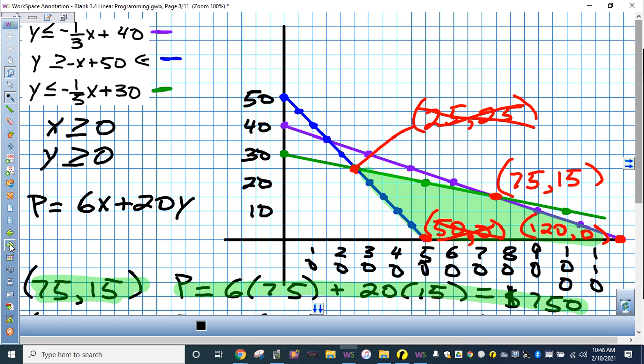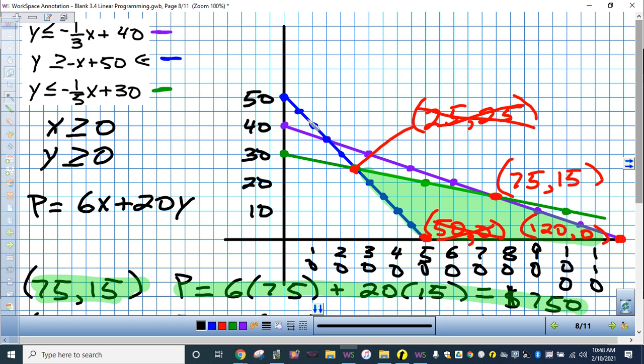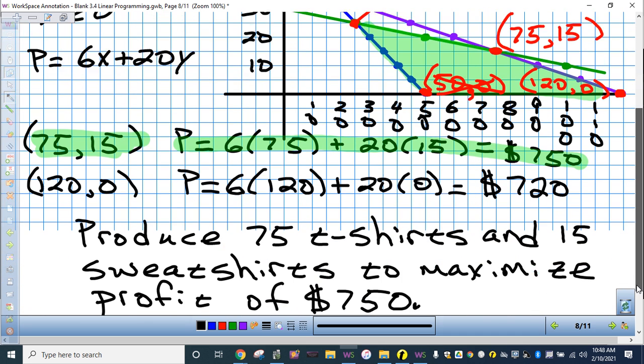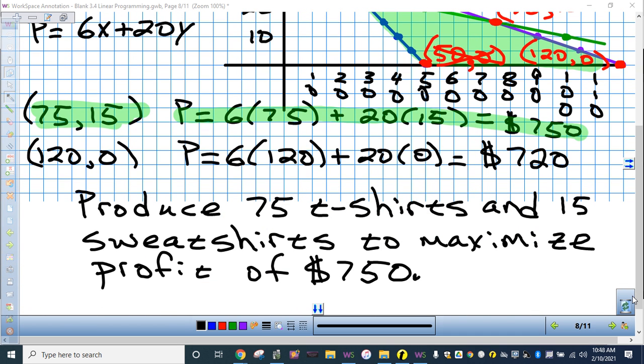So then figuring out the shading as well, right? You got to get those inequalities, because if I had the blue line and thought it was less than, then it changes my whole problem, right? So it massively changes the whole problem. So just think about that. And then once I figure out the max profit, finally writing that statement to tell me how many of whatever it is I have to produce.